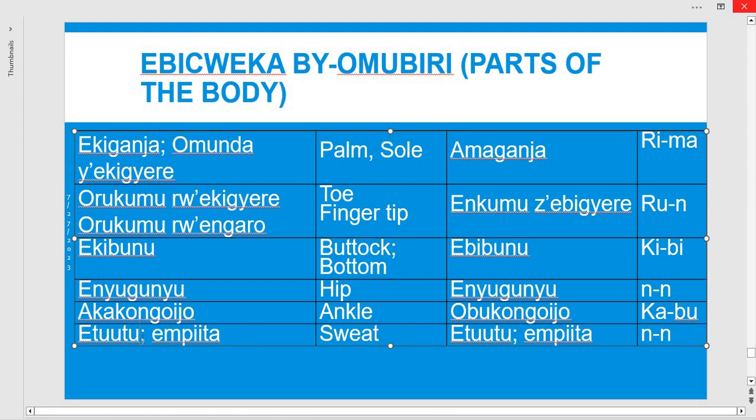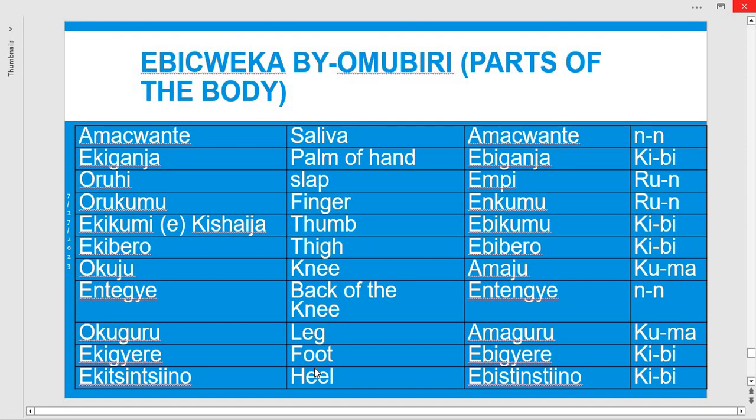The Runyankore cultivators call it etutu. Then the cattle keepers, the Bahima, they call it empita. That's sweat. Then we have another one, amachwante, that is saliva.